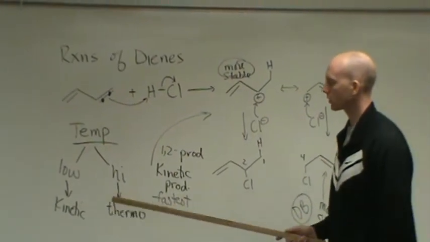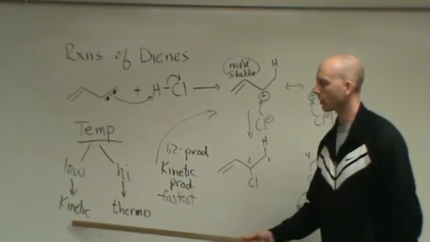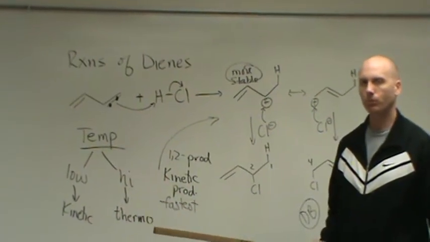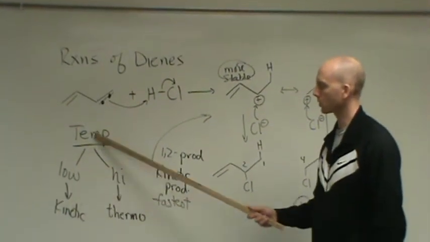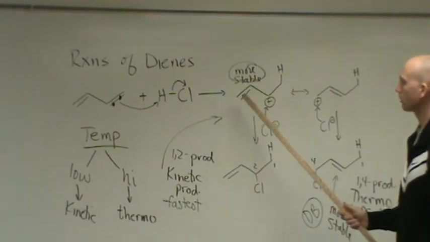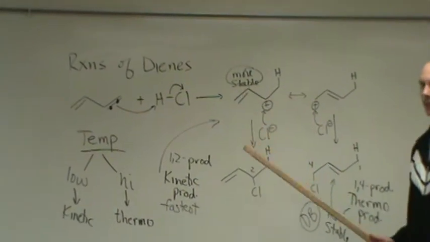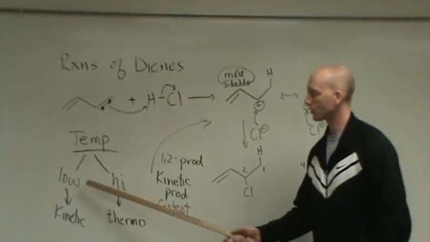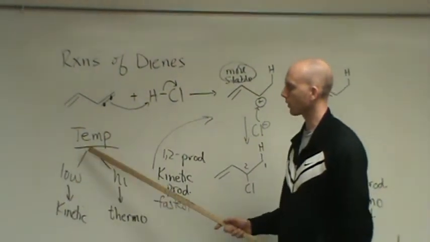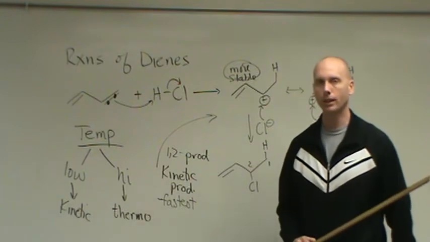Well, the reason is because the kinetic product has a smaller activation energy. And so if I use a low temperature, this smaller activation energy, which is formed because this is the more stable intermediate, since this activation energy is smaller, a low temperature can be used, and that can be the major product.